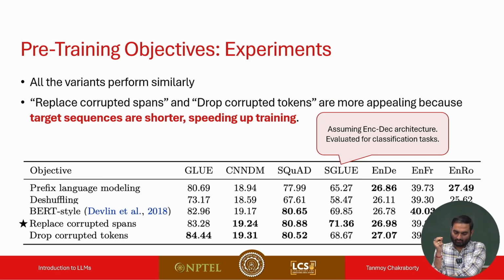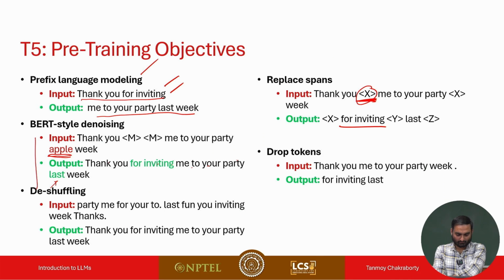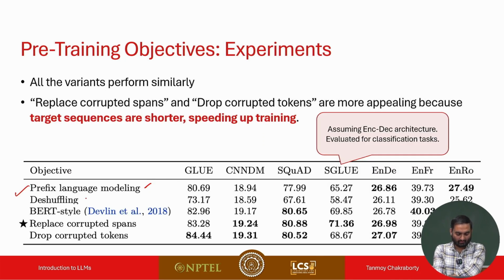Okay. All right. So if you look at the experiment, prefix language model, this is right, and so this is kind of this one, where this is exposed to you and this is something that you want to predict.